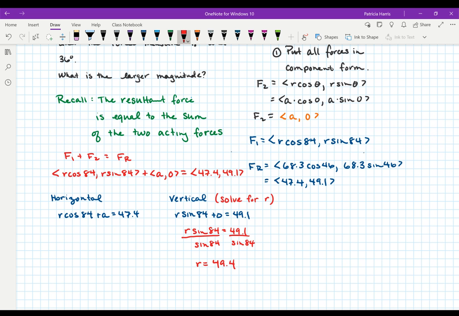Now since I have an R, I can use that R in my horizontal component to find my A. This one we don't have to do any multiplication or division, we just have to subtract. So A is equal to 47.4 minus 49.4 cosine 84, and that gives me 42.7.